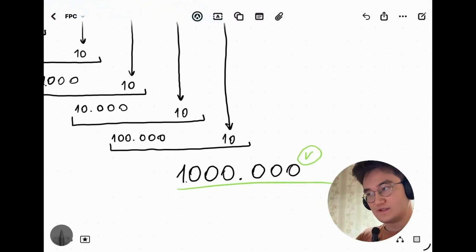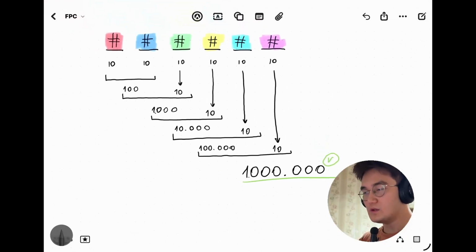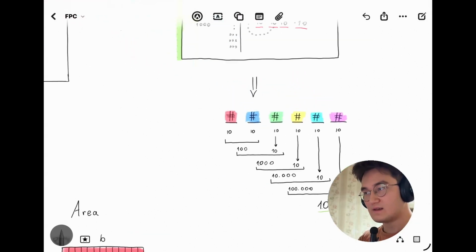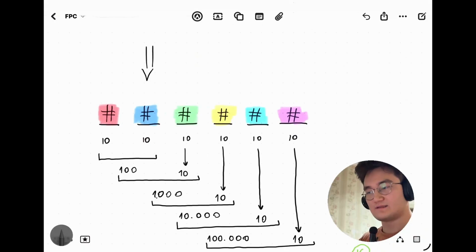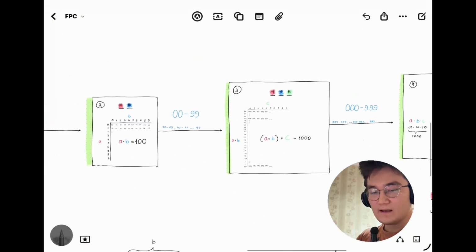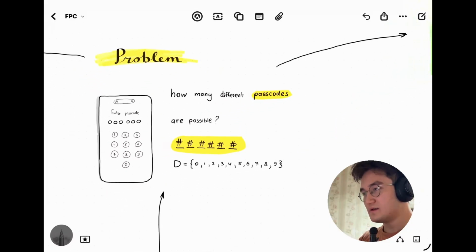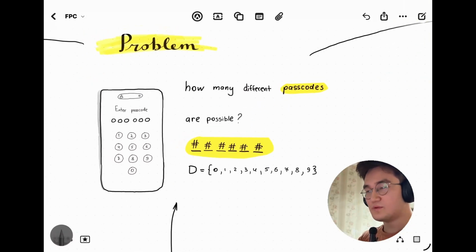So the answer for this question is 1 million. Yes, 1 million different passcodes for just 6 slots. That's a huge amount. That's actually all. It's such a simple solution.